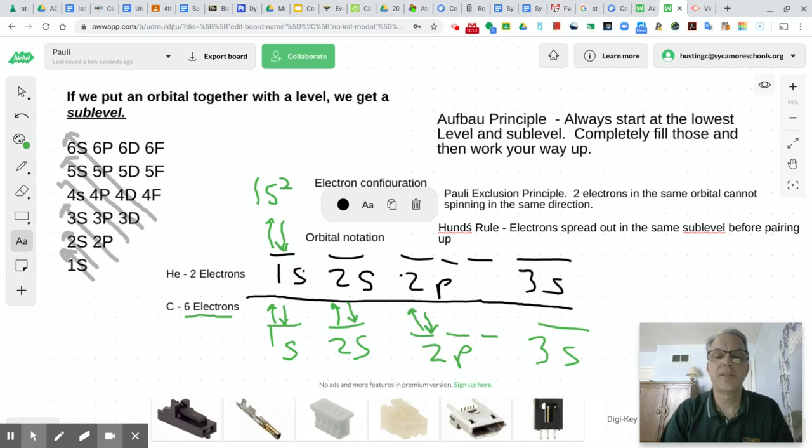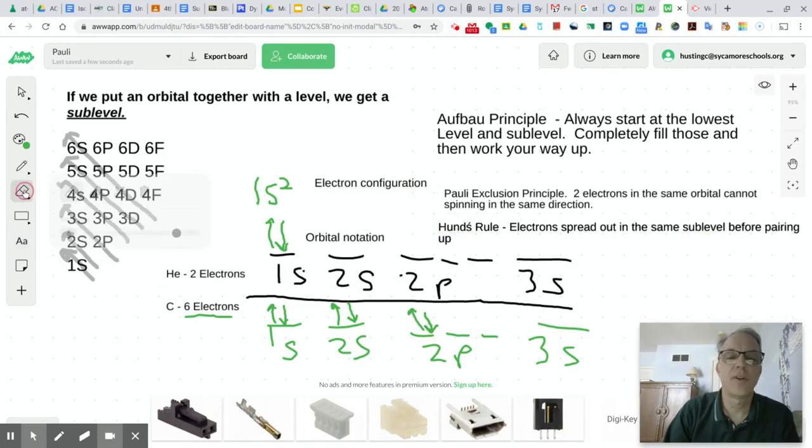So what that means is that if I have a choice of spreading these out or pairing them up first, Hund Rule says, please spread them out first. So I can put one here, and I can put one here. And they're going to spread out first, and then when they're all spread out, then you start to double up.